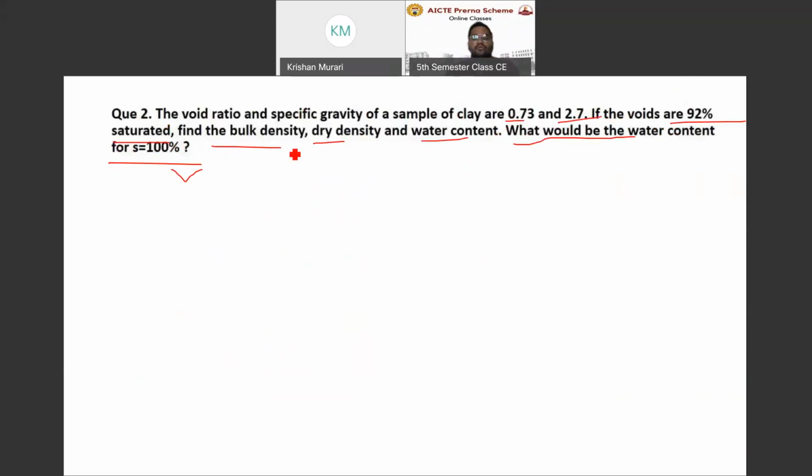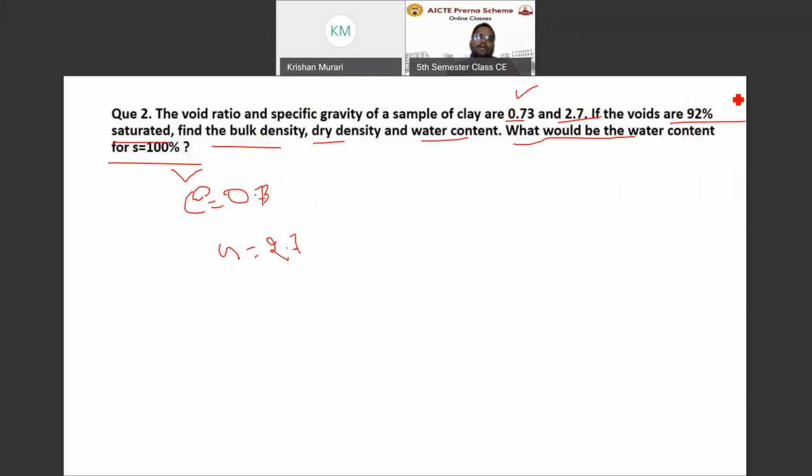Firstly, what is the given data? The void ratio is 0.73, that means e equals 0.73. That is given to you. Next, specific gravity, that means G is 2.7, that is also given to you.